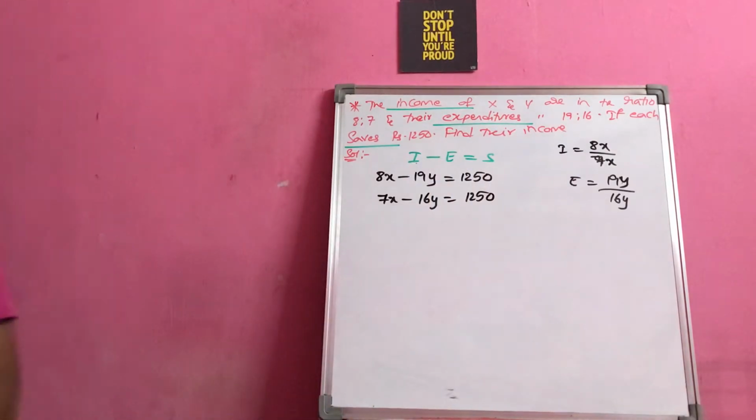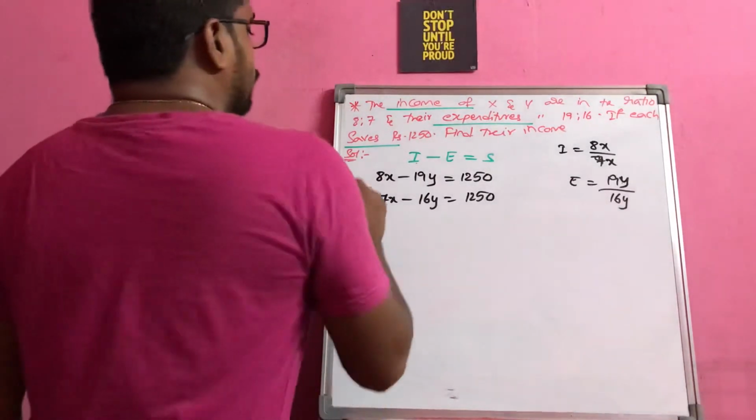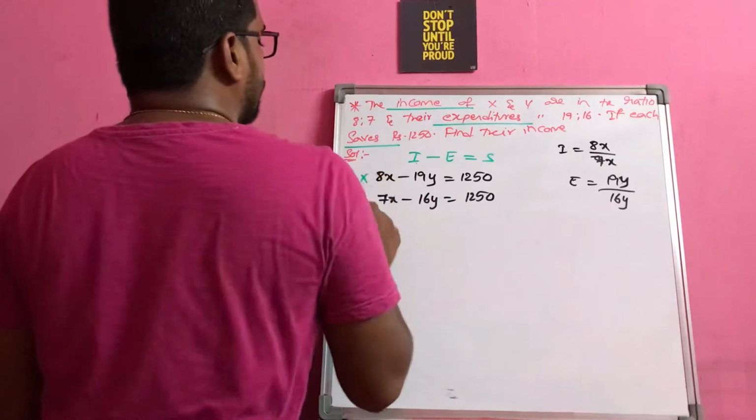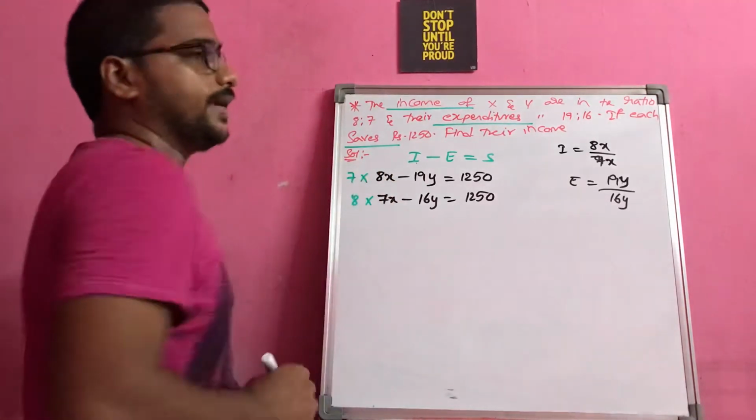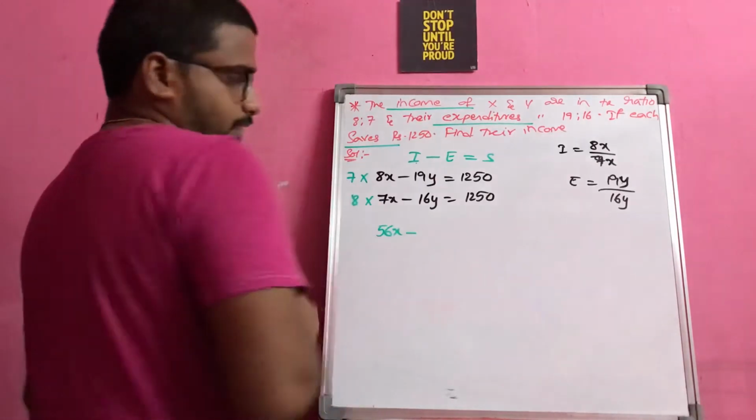So what they are expecting us to find out here are the incomes, that is the 8x and 7x values, since savings are given as 1250. First equation I will multiply with 7, second equation I will multiply with 8, so that I can get 56x.